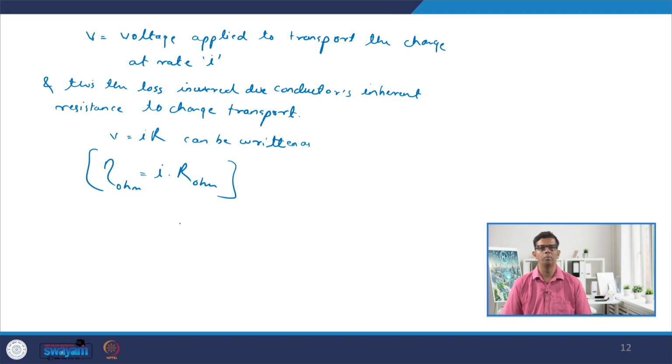So, that becomes the ohmic resistance, and eta is the overpotential, that is the excess energy that we need to supply in order to bring that I amount of charge per unit time from one end to the other.